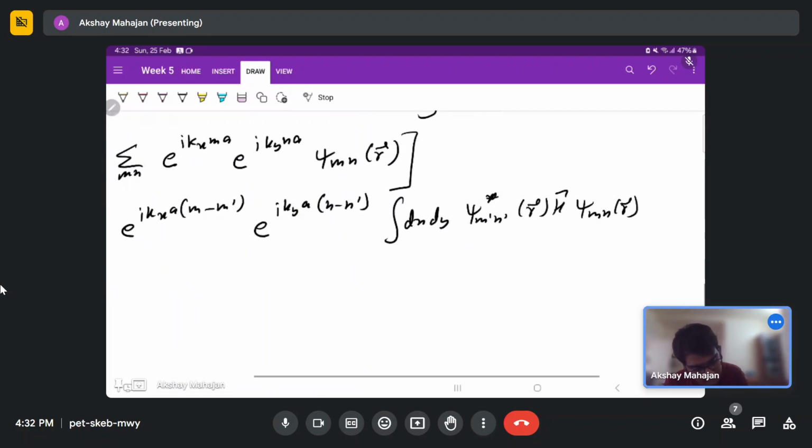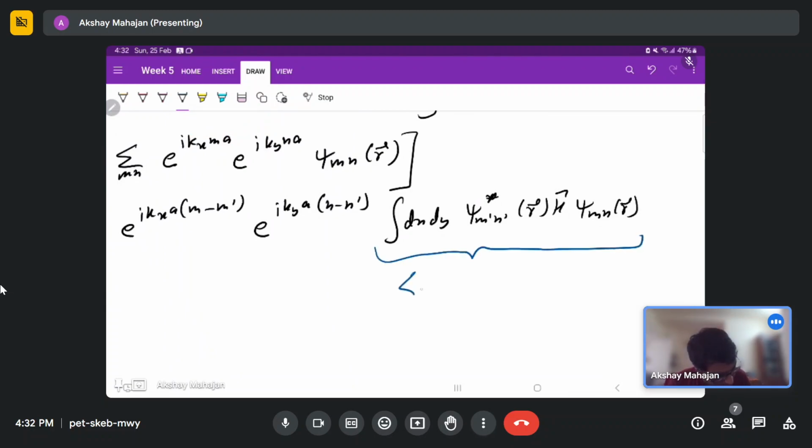And this integral I will denote in Dirac notation as m prime n prime h cap mn.